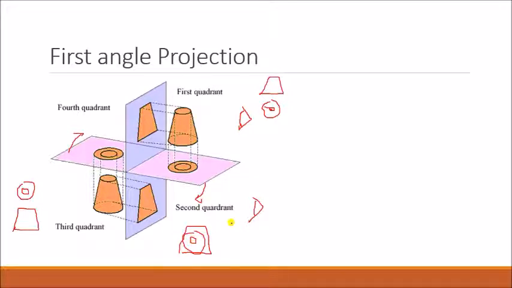So it will be very difficult to identify which is front view, top view. Same way on this side, once you close this, the vertical plane and horizontal plane match each other. So it will be very difficult to identify which are front view and top view. For that reason, we use only first angle or third angle, and for your syllabus you have only first angle projection, that is drawing like this.